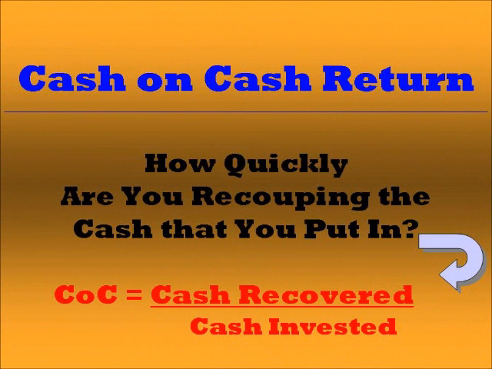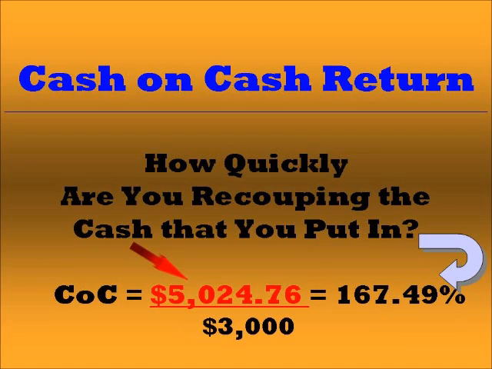Well, if you remember what cash-on-cash is, it is the relationship of cash invested to cash recovered represented as a percentage. Now, our monthly cash flow in this example is $418.73, which is just over $5,000 a year.